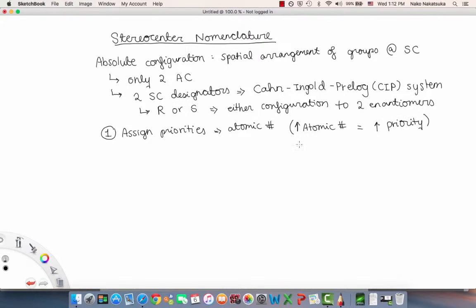So let me show you an example. If I have this molecule, which is the same one we saw in the previous slide, let's see what the priorities would be.